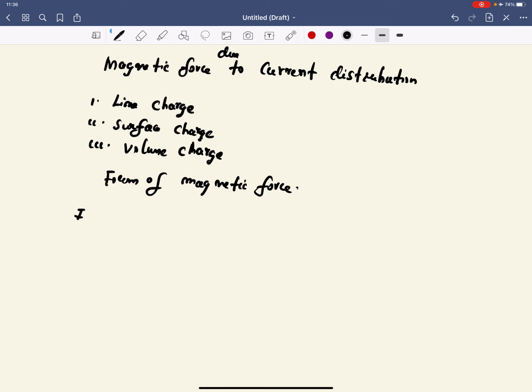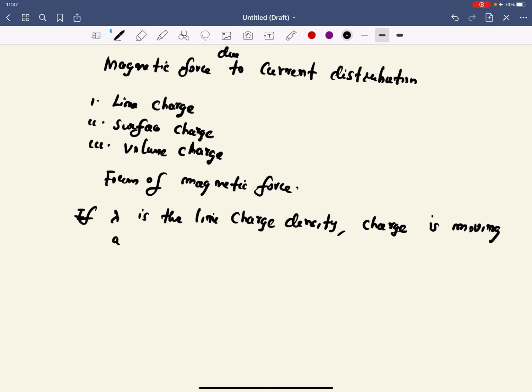If lambda is the line charge density, and if this charge is moving at velocity v, then the current can be expressed as lambda into v.